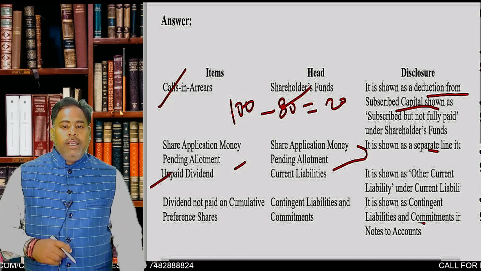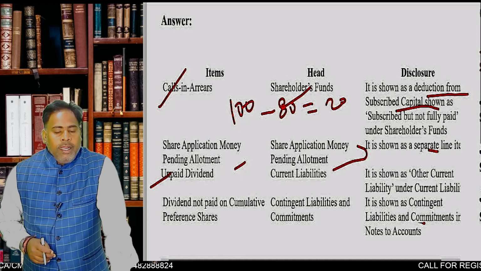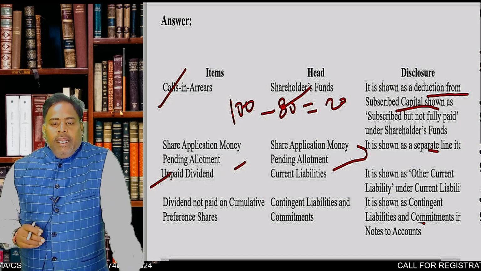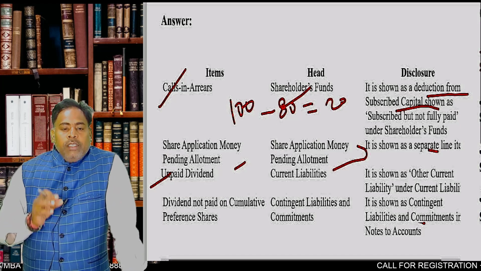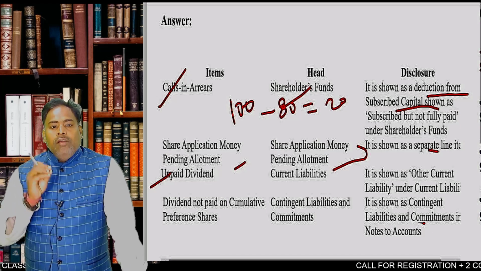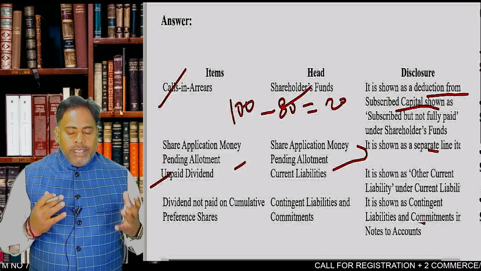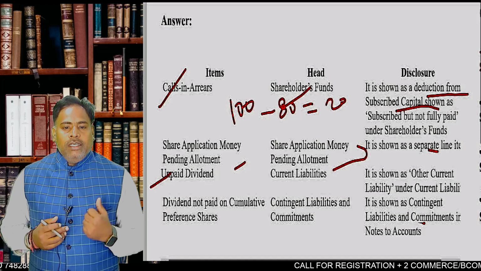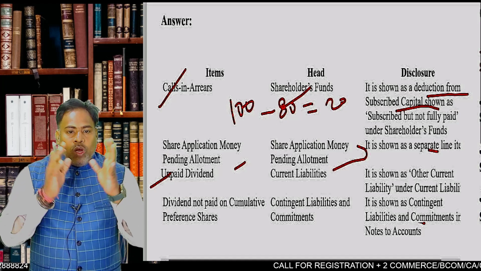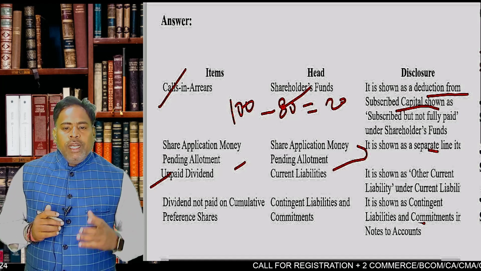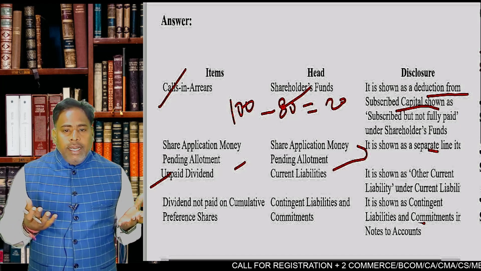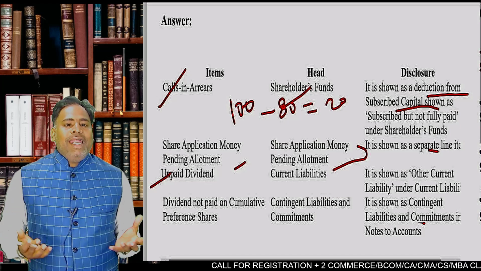Then unpaid dividend. What is unpaid dividend? The company needs to pay a dividend. Out of total profit, some profit is kept for the shareholders. Shareholders invest in the business, so they need some return, which is called dividend, meaning an amount out of profit to be distributed to the shareholders. It can be interim dividend or final dividend.